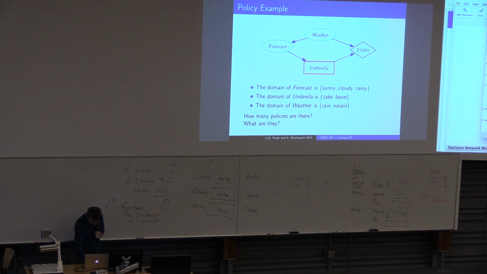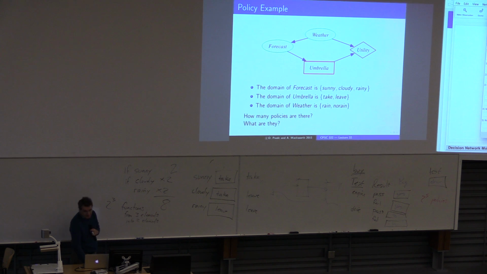Then there is the prior probability of weather: sunshine with probability 0.7 and rain with 0.3. Then there's the conditional probability of forecast given weather. But this algorithm just treats them all as factors.